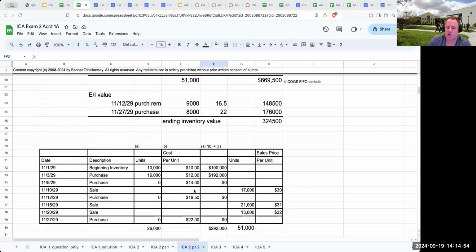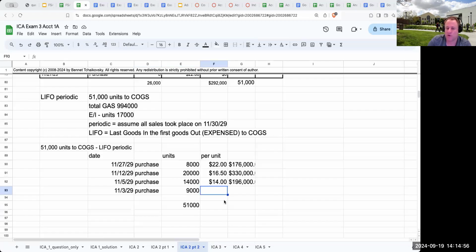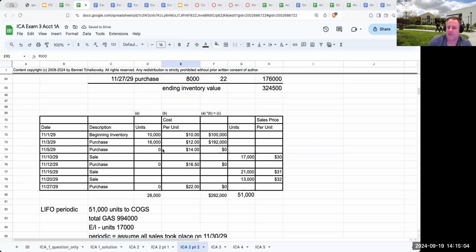And this is going to be at $12 per unit for a total of 108,000. Now, very important. If I'm expensing 9,000 units, that means 16,000 minus 9,000. I'm going to be left with 7,000 units in total.